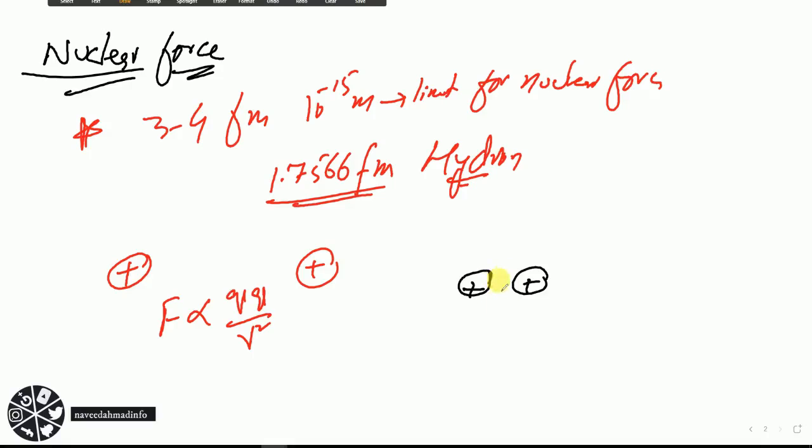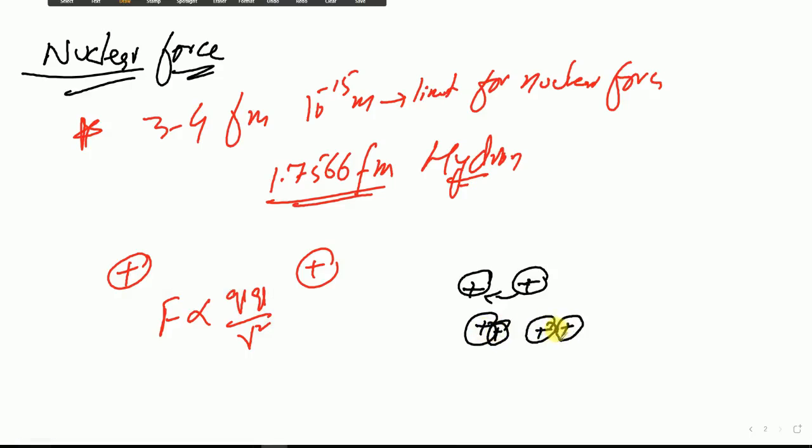Okay, and due to that limitation, this proton will not absorb this proton. Like if you bring it closer, then it will be like this. So there is some sort of limitation due to which it will be present like this. Okay, it will not go inside each other, but it will be near to each other. Okay, so due to this nuclear force, these protons will be close to each other.